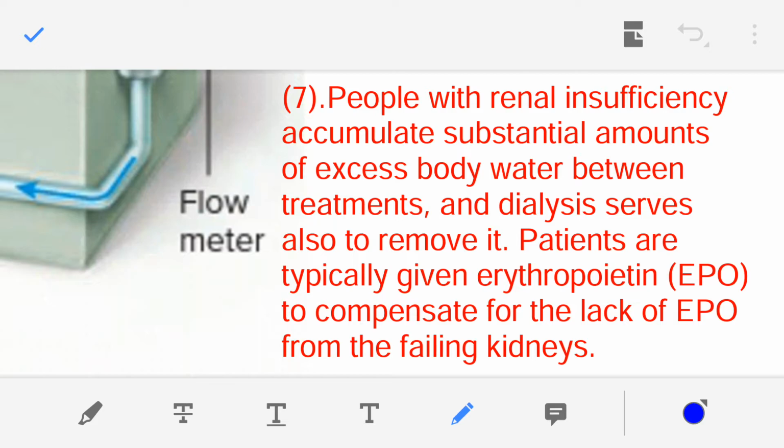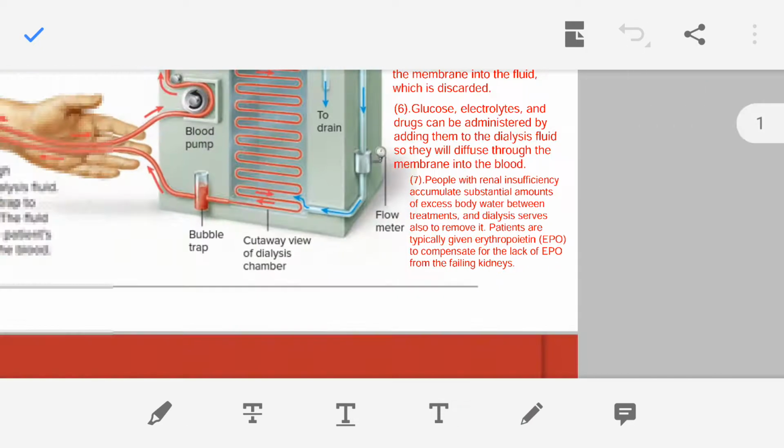Also, during dialysis, patients are typically given erythropoietin, because the patient's kidneys have failed and are not providing EPO, so artificially during dialysis the EPO, erythropoietin, is provided to the patient through the dialysis fluid.